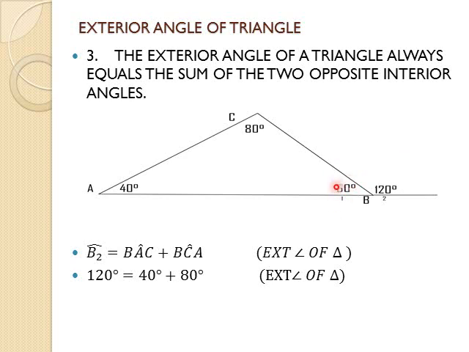If I give you B1 and it's 60, angles on a straight line, 60 plus what would give me 180? 120. So because B2 is 120, those two must add up to 120. 80 plus 40 gives me 120. So the exterior angle of a triangle equals the sum of the two opposite interior angles. Not the one next to it, the two opposite interior angles. Very important. Let's look at the last example.